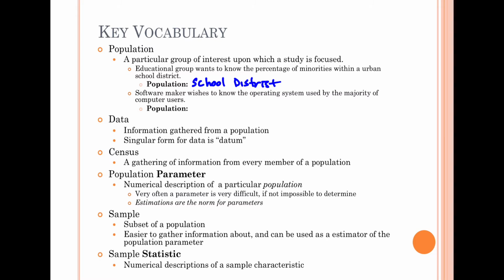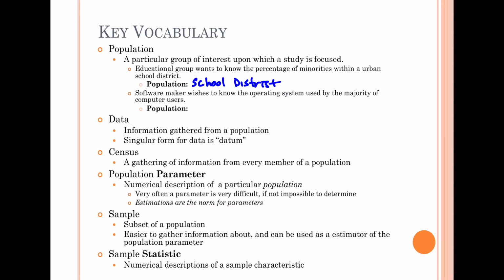Now, the variable in this case is the thing that's going to differ from individual to individual. And we talk about the individuals here; those can be people, those can be things. In our book, they actually refer to them as cases.